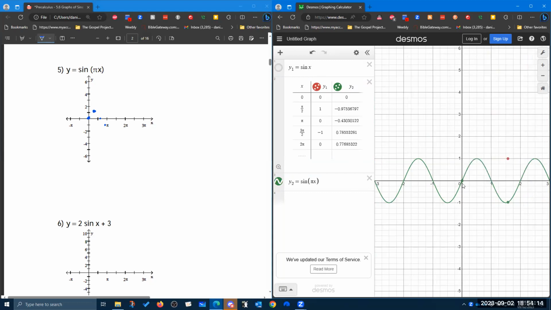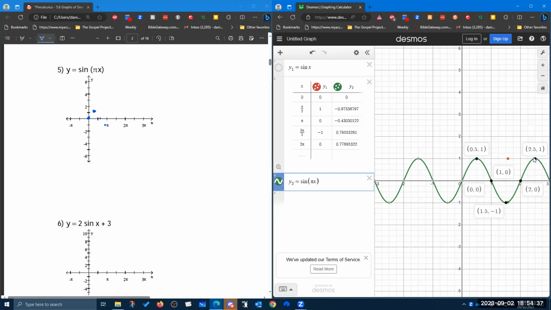And you're going to see that the new characteristic points are at 0, 0, 1/2, 1, 1, 0, negative 1.5, -1, 2, 0, and so on.